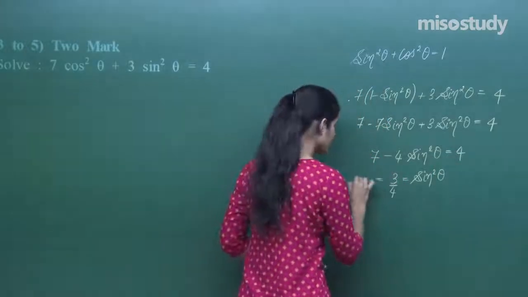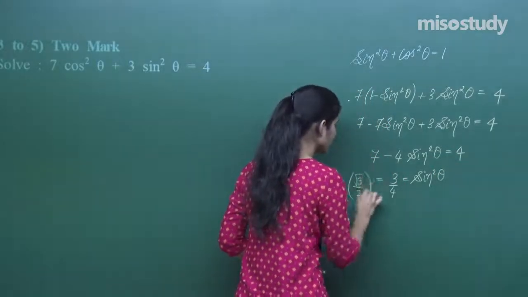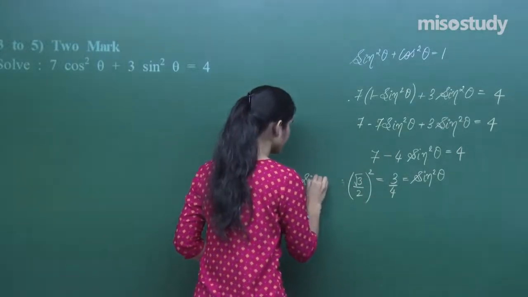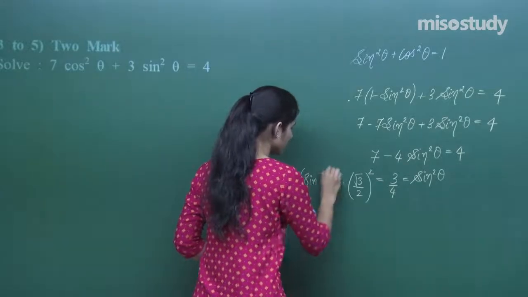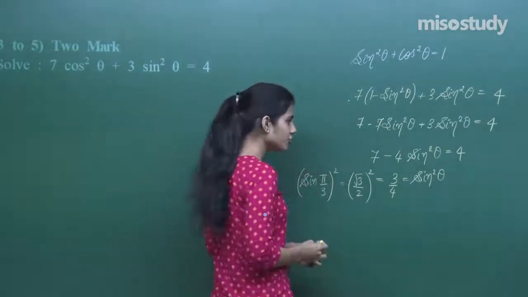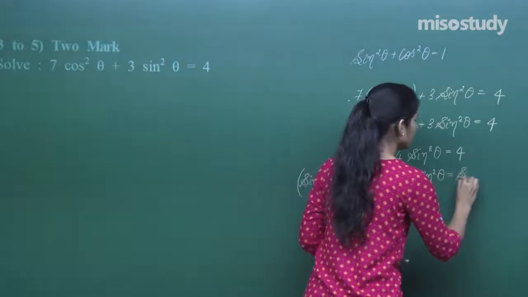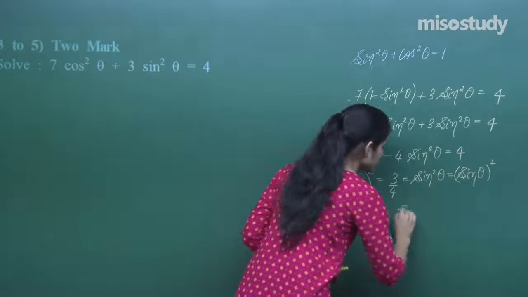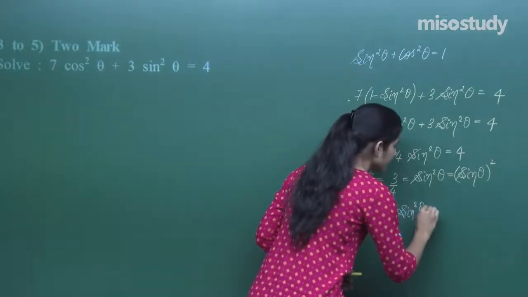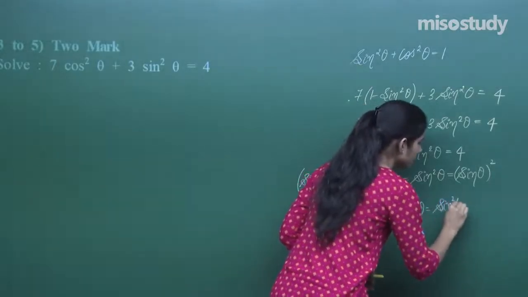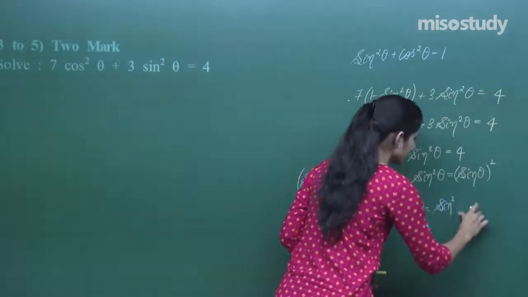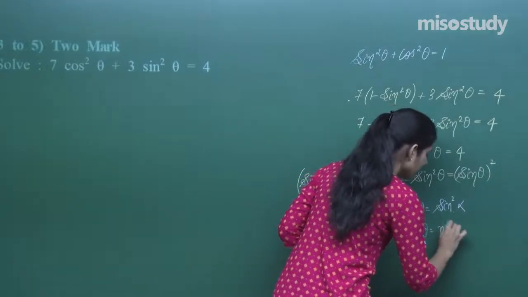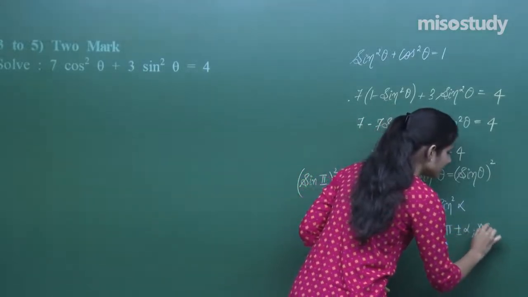3 by 4 can be written as root 3 by 2 whole square, but root 3 by 2 is sine 60. So sine 60 whole square. I know that sine square theta equals sine square alpha implies theta equals n pi plus minus alpha, where n is an integer.